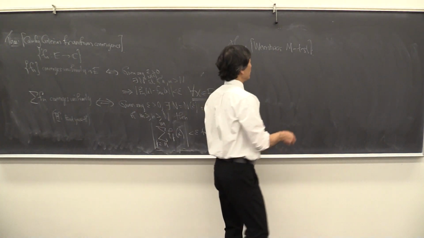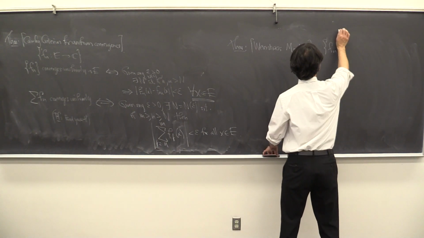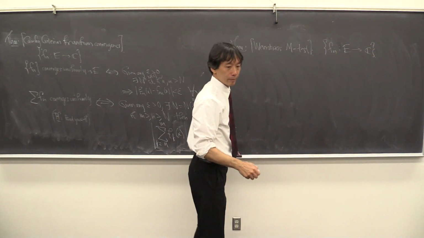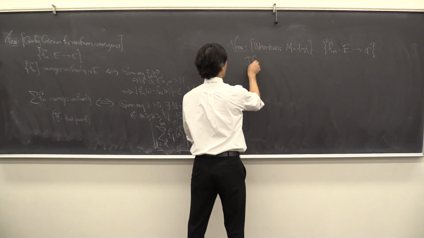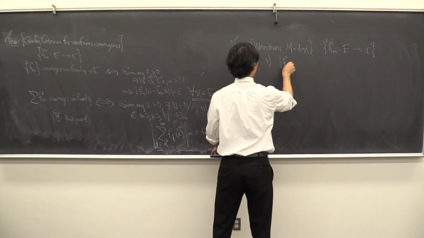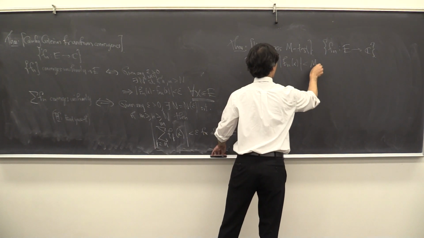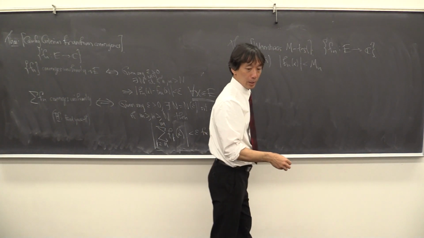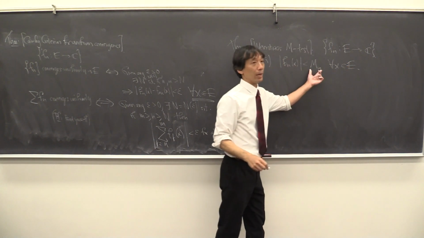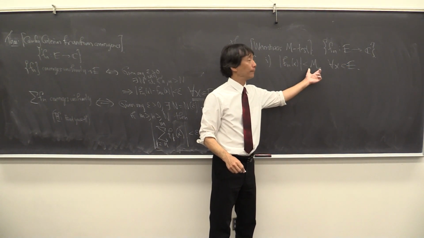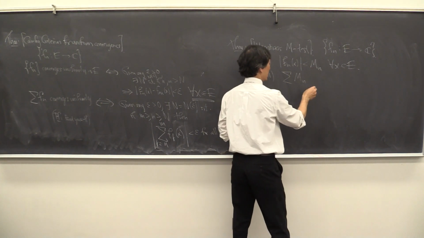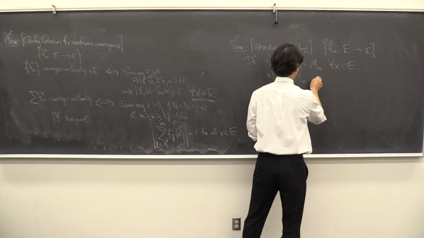So here it is. Again, you have a sequence of complex valued functions. Suppose each of those functions has a bound, and the sum of the bounds is finite, so this thing converges.